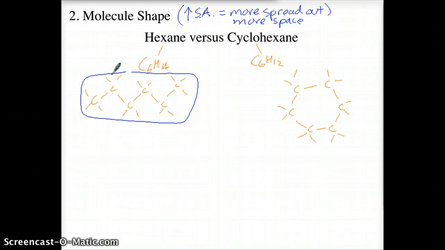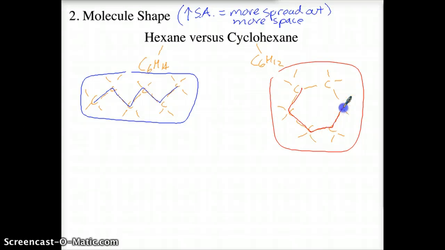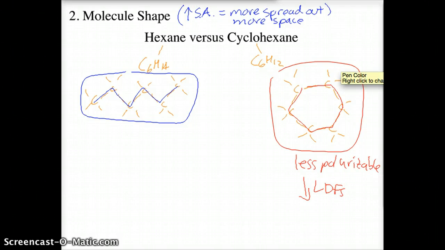This hexane molecule, these carbons all bonded here in a long line, takes up way more space than this molecule, cyclohexane, where the bonds are all kind of in a ring. So therefore, cyclohexane is less polarizable. So it's going to have fewer London dispersion forces, or another way of saying that, weaker London dispersion forces.